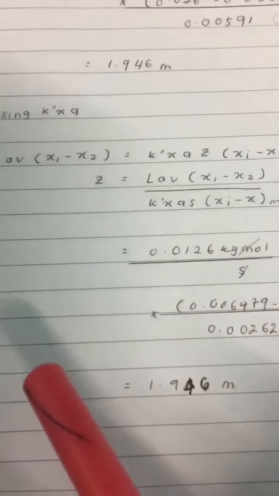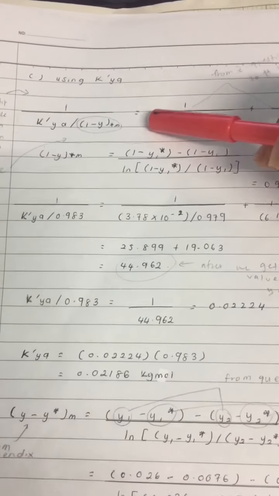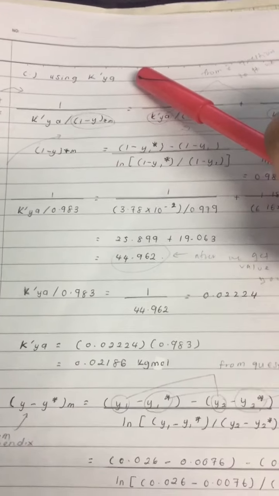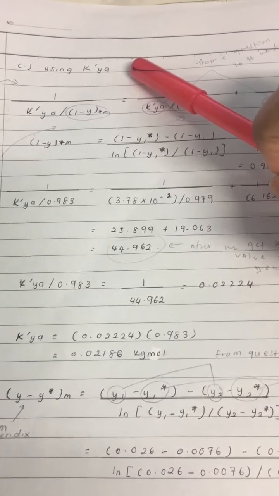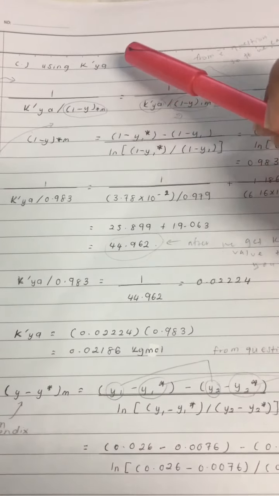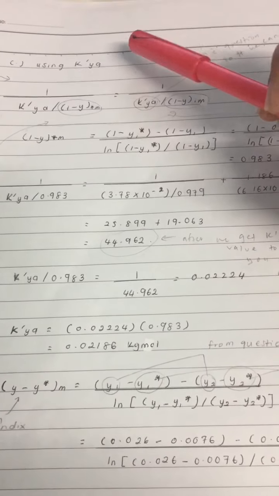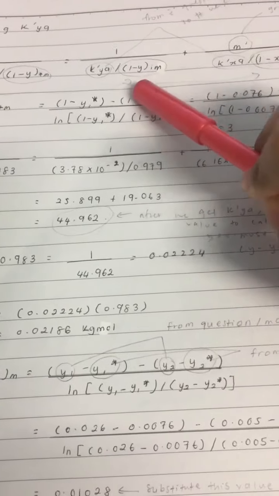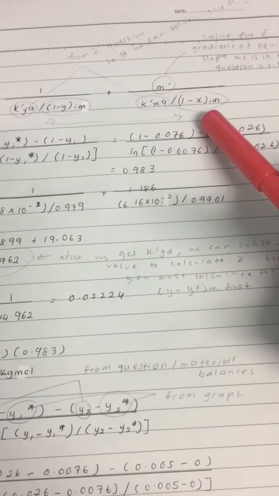For the next question, we need to use big K prime ya, where we use the right equation for a packed absorption column, calculating y minus y star m, y minus yim, and also y minus xim.